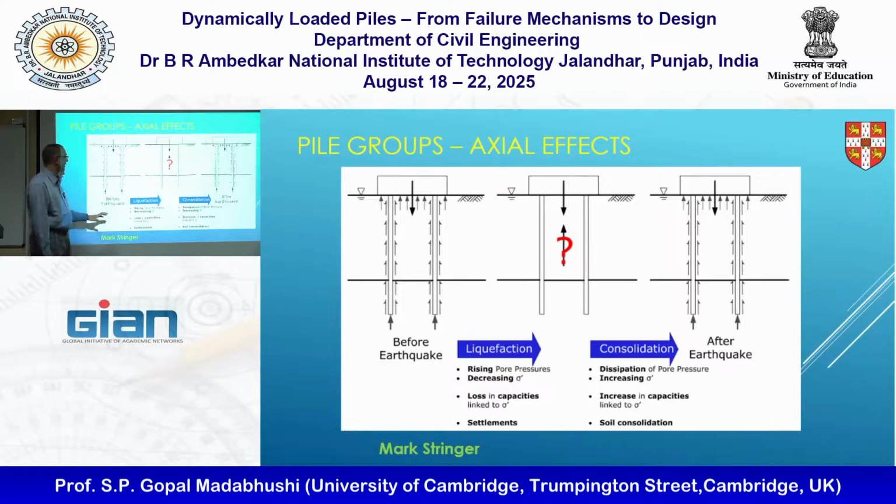It's not obvious that all these will be mobilized to the same level. So although my bearing capacity here may be high, I may not mobilize all of it because most of it is being taken by these. Okay, so we know before, we know after, we think, but during the liquefaction event, we don't know.